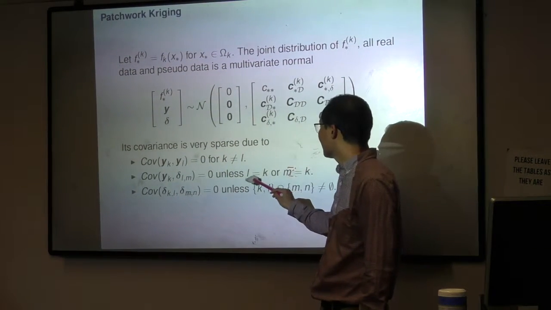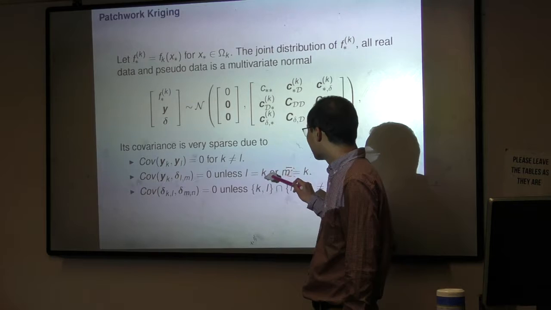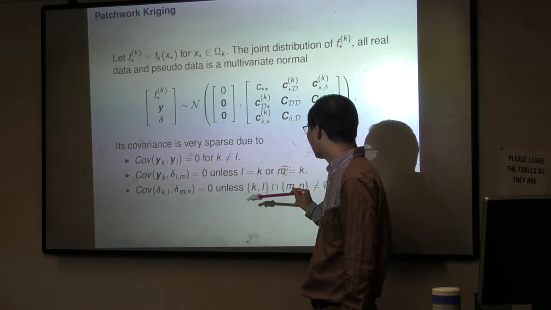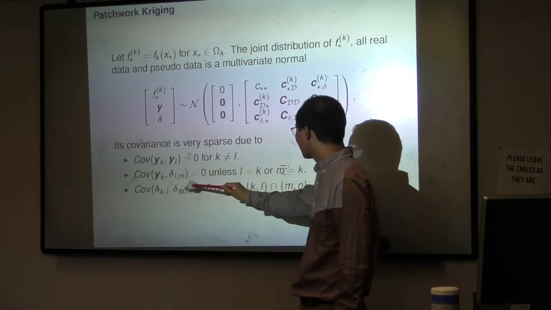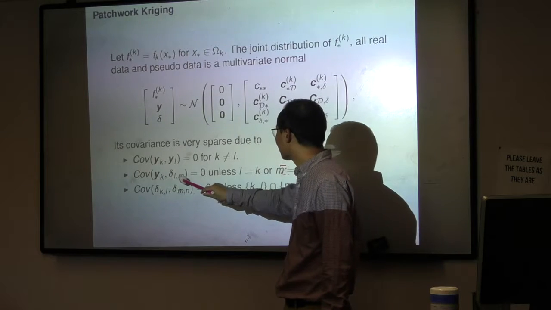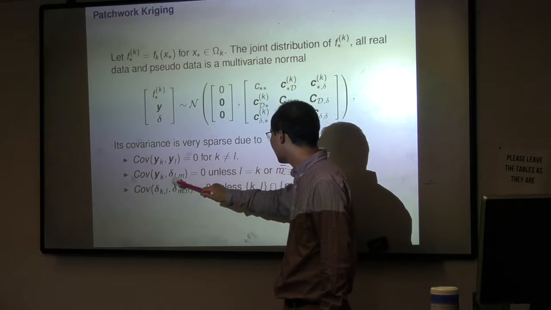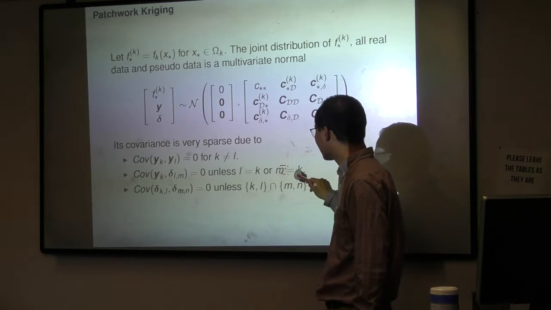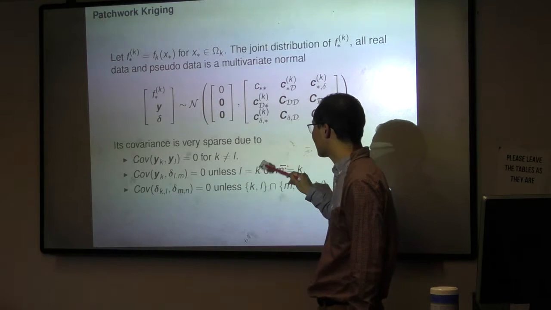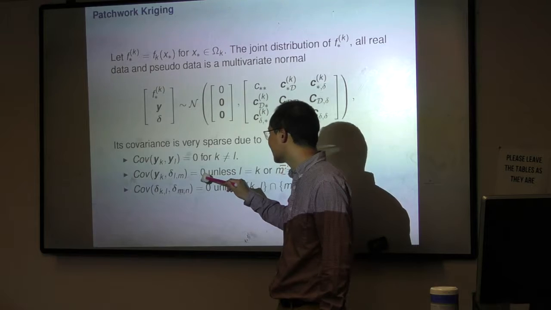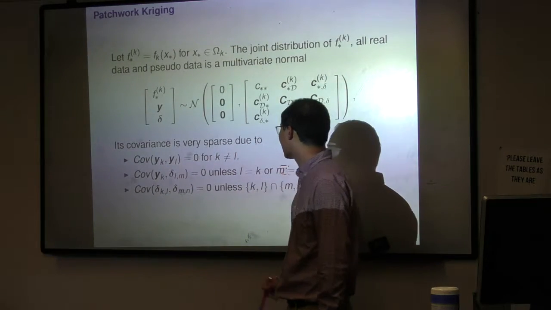Each pseudo data point and the local data have some correlation, unless the local model is not neighboring the boundary. This boundary is the boundary of this local model, and this condition implies that if it is satisfied, you have some non-zero value, but otherwise these are all zero values.